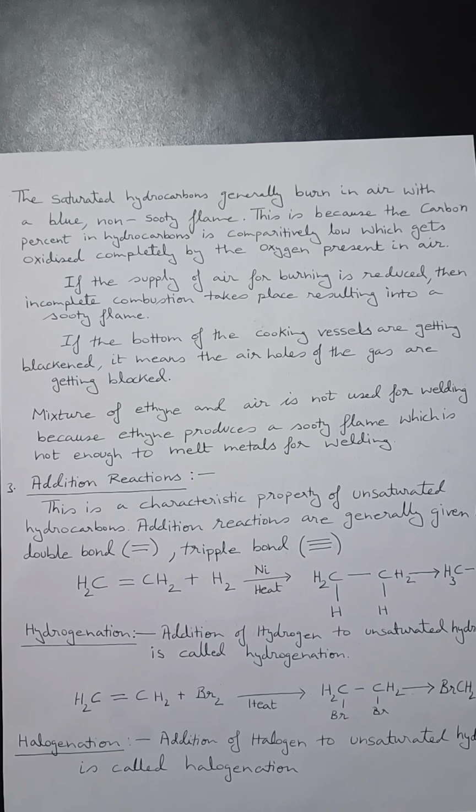If the bottom of the cooking vessels is getting blackened, it means the air holes of the gas stove are getting blocked, so it needs to be cleaned. A mixture of ethane and air is not used for welding because ethane produces a sooty flame which is not enough to melt metals for welding.